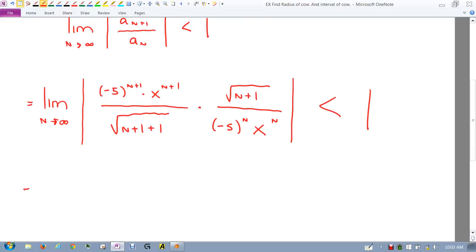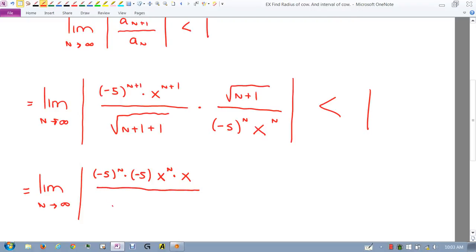Because this is my first example, I'll show a little bit more detail. This is negative 5 to the n times negative 5. This is x to the n times x, all over square root n plus 2 times square root n plus 1, over negative 5 to the n x to the n.